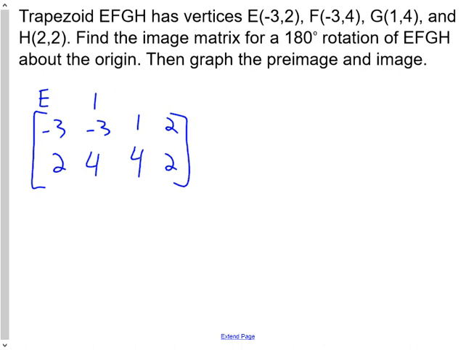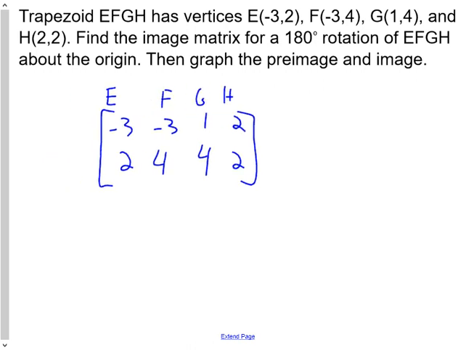So these are my 4 points, E, F, G, H, in a matrix. And if I need to do 180 degrees, this whole matrix needs to get multiplied by the 180 degree matrix. 180 degree rotation is going to be like the original, but you just flip your signs, right?